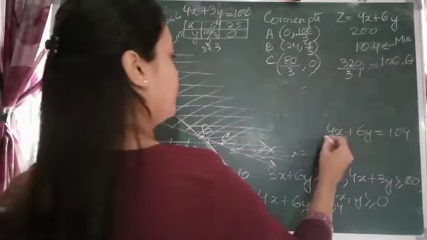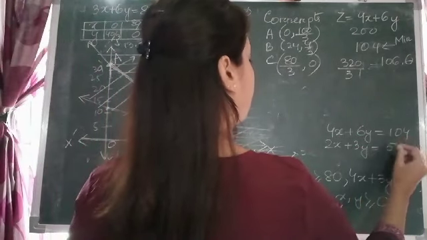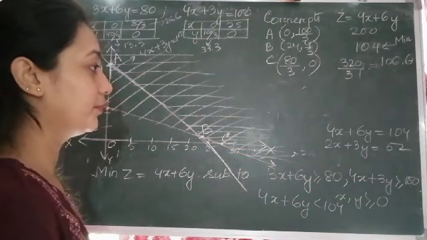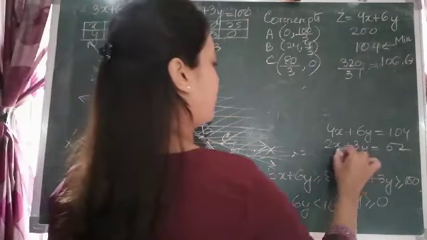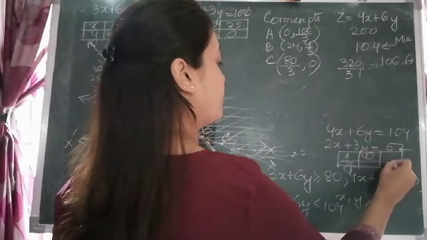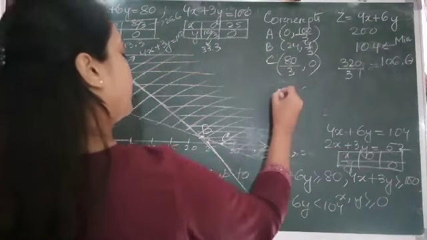Now this can be reduced to 2x plus 3y equals 52. And hence the values of x and y are, if you put x equals 0, y will be equal to 52 by 3.